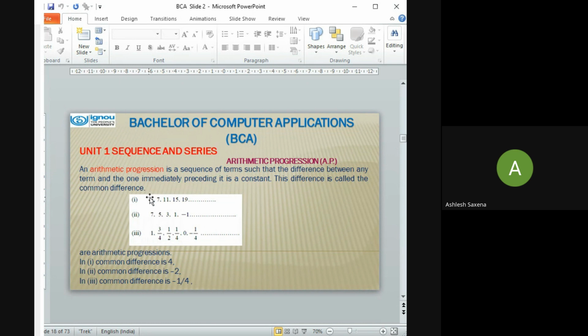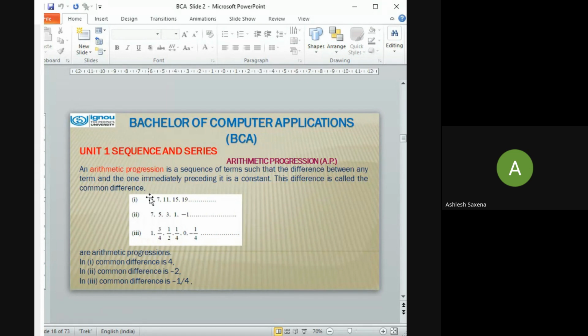If the common difference is the same throughout the series, that series is an arithmetic progression. In arithmetic progression, basically the common difference has to be calculated, evaluated initially, and we have to see that the common difference is the same throughout the series.